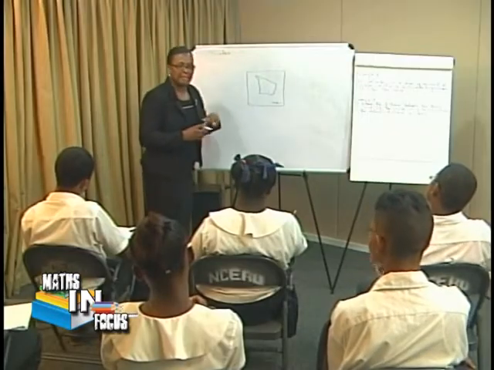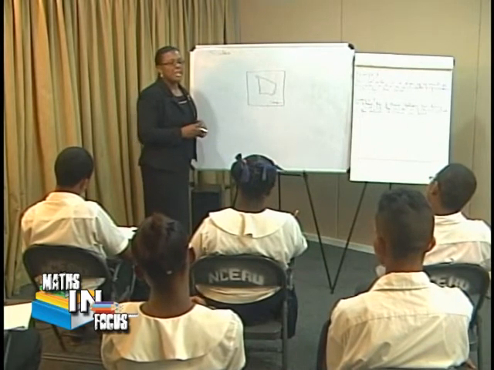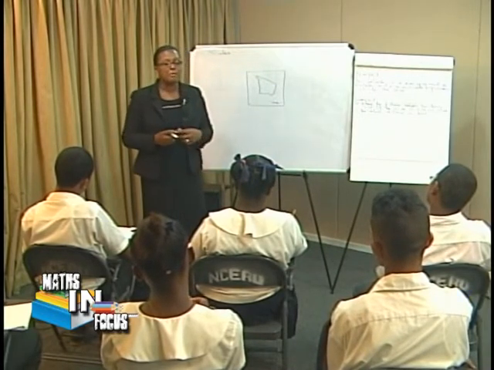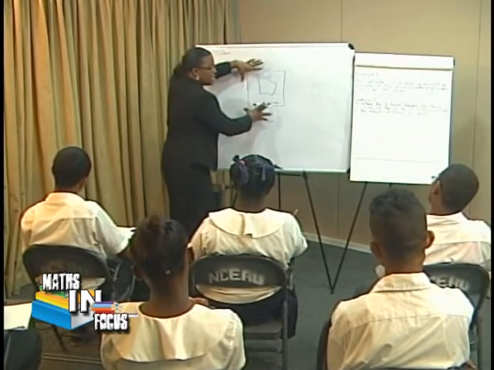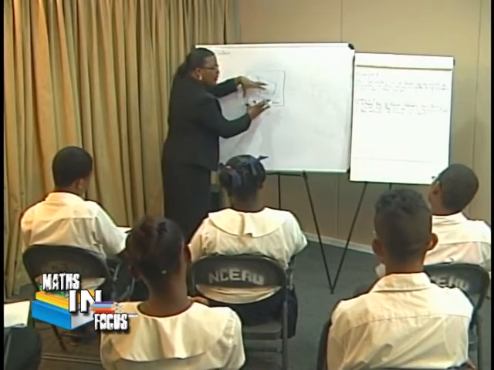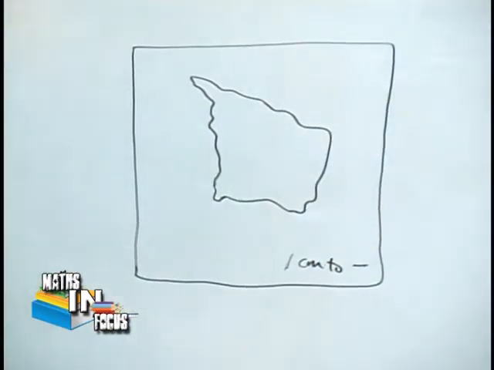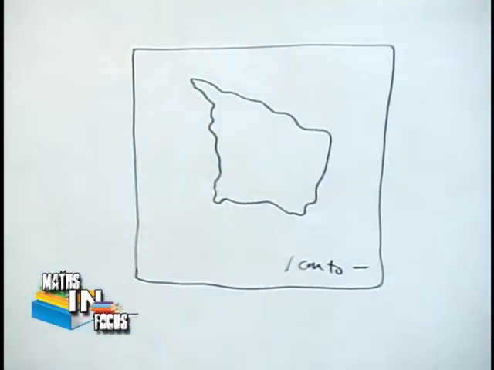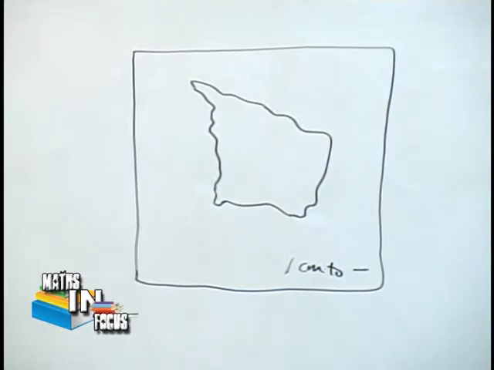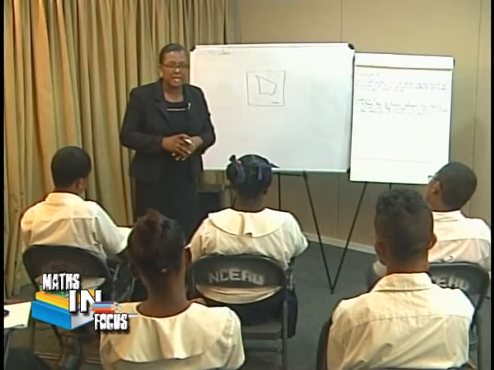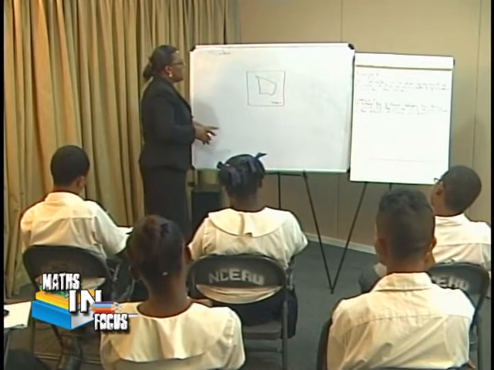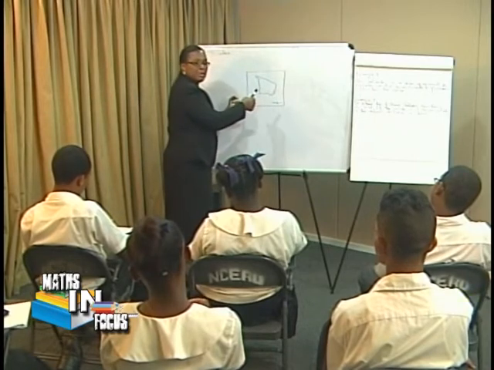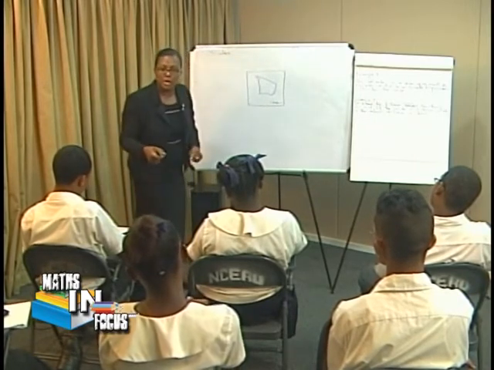A scale is a ratio of an enlargement or a reduction of a map or a plan. We can increase the size of it or reduce the size of it, and it basically identifies a relationship between what you drew and what you actually want.